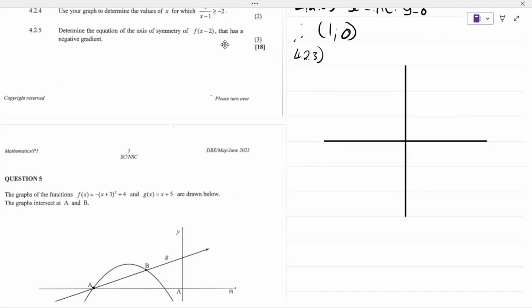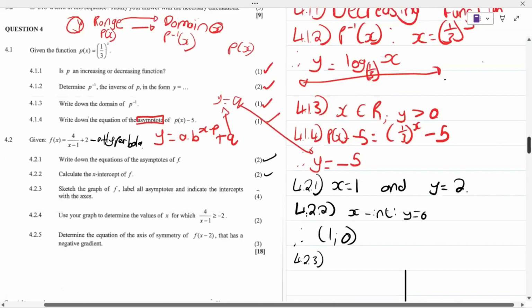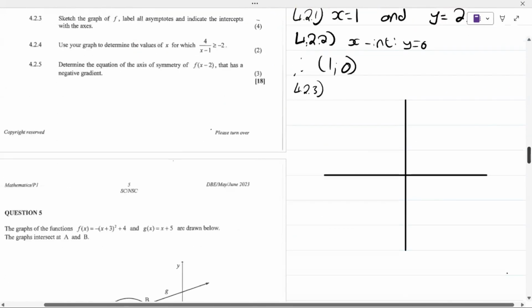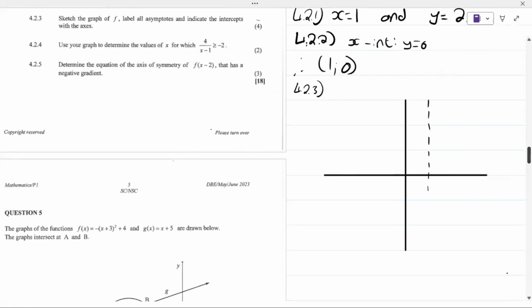Okay, good to go. So firstly, we're just going to sketch our asymptotes, right? So we had our asymptotes being x is equal to 1 and then y is equal to 2. So here's my x is equal to 1. Here's my y is equal to 2.